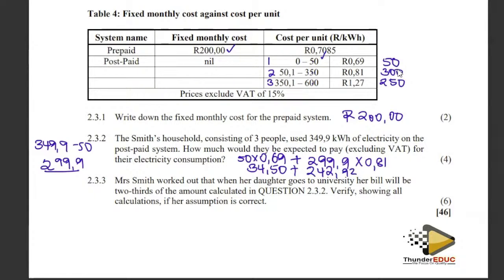So when you add everything up, these people used 242. This is the money they used. How do we get that? I've just shown you.